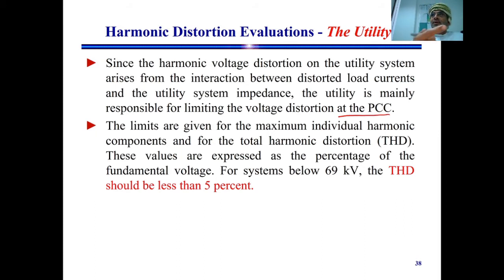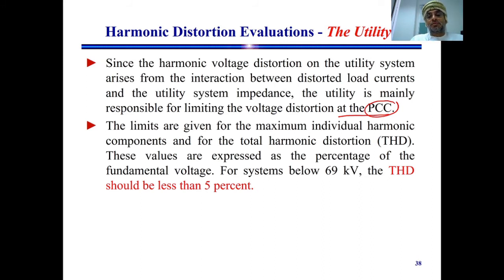Since other customers will be connected at that point. You could have a customer that will generate huge harmonics, and you could have a customer that will not generate any harmonics. So if the utility does not take action, the other customer will be affected. His equipment will be affected, although he's not generating harmonics.